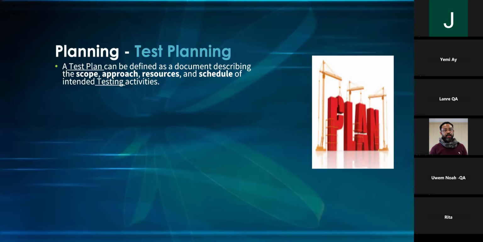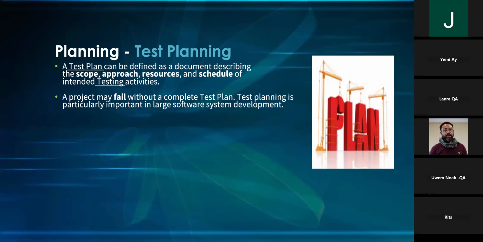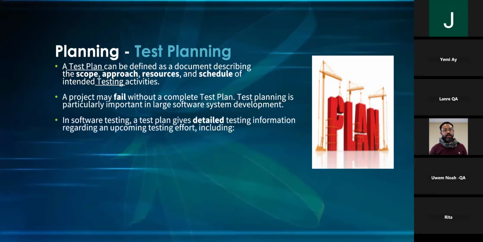What time frame are we going to work with? Those are the kind of breakdown I did in the estimation phase. A project will fail without a complete test plan. Definitely. Test planning is particularly important in large software system development. In software testing, a test plan gives detailed testing information regarding an upcoming testing effort.